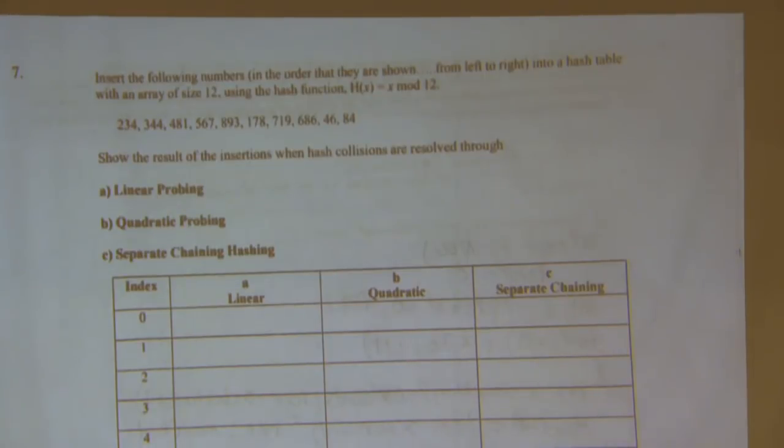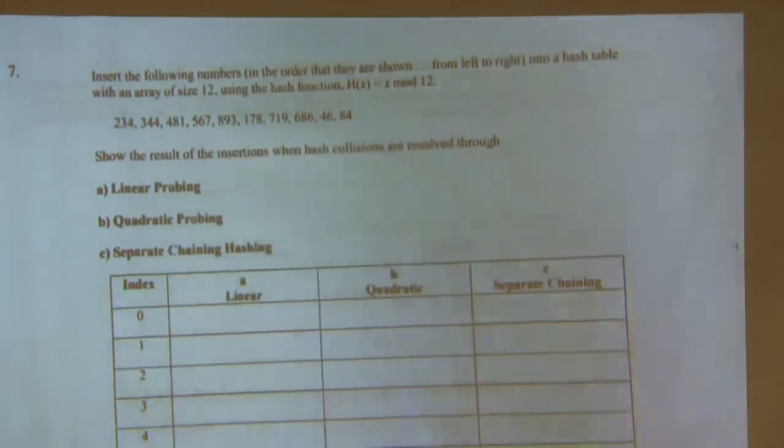Okay. So basically, it's a pretty simple problem: insert these numbers into this hash table using this hash function. The hash function is just modding by 12, which is our table size. To make it easier on us, I already figured out the mods for each one of these numbers.